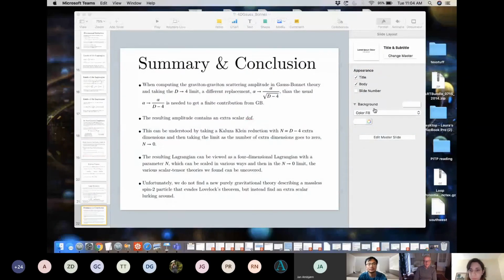Since there's a discontinuity here between this limit D→4 and the amplitude with D exactly equal to 4, this discontinuity just reminds me that in the case of Proca theory, if we take the mass of a photon to be 0, there's a similar discontinuity, because when you take the mass of a photon to be 0, you actually have a strong coupling in this longitudinal mode.